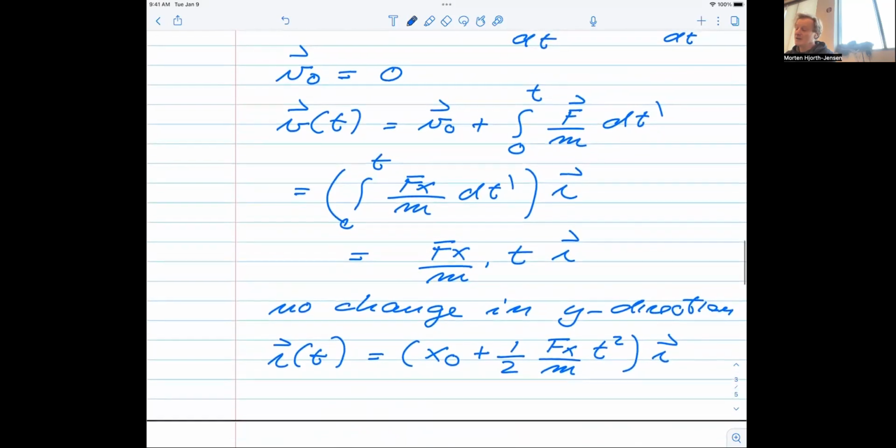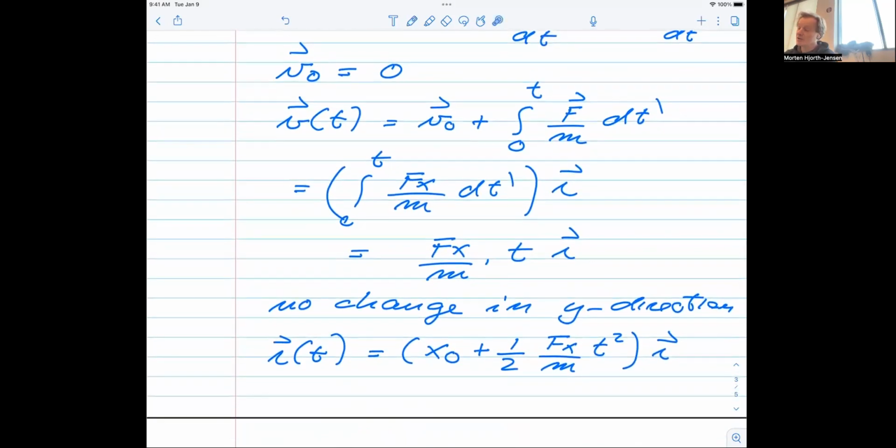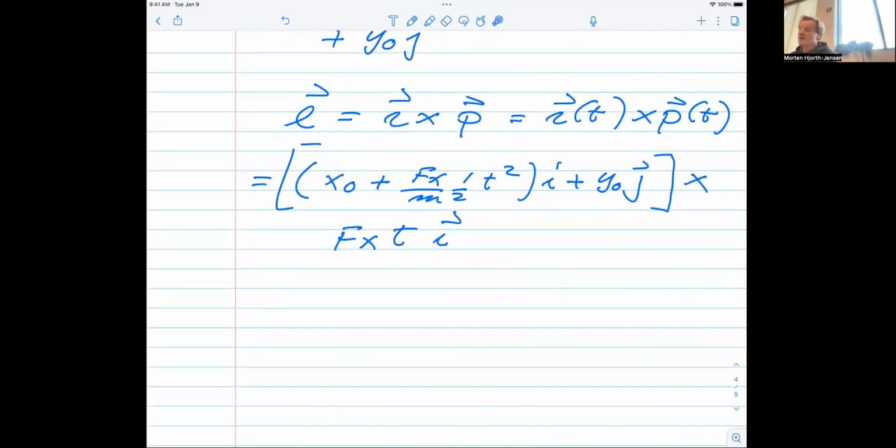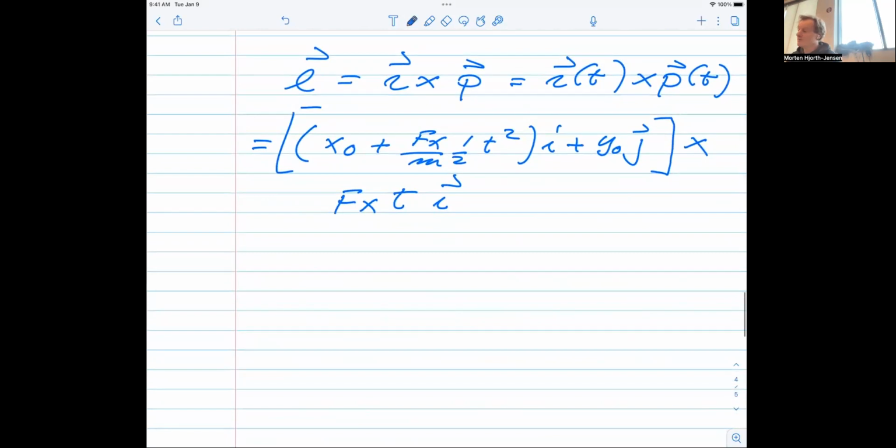So if you go back here, the expression which I used for the velocity is this one. I multiply with mass, and then I have f of x times t here. And I just wanted to remind you of the cross product here.